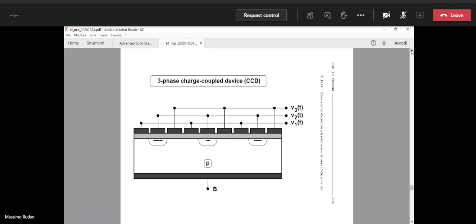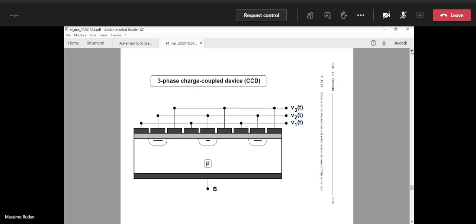Another possible application that we shall discuss on Thursday is this. You see, a CCD can be understood as a delay line. It's a device in which you make charge packets flow, for instance, from left to right, and each of them moves by one step in some time, okay?